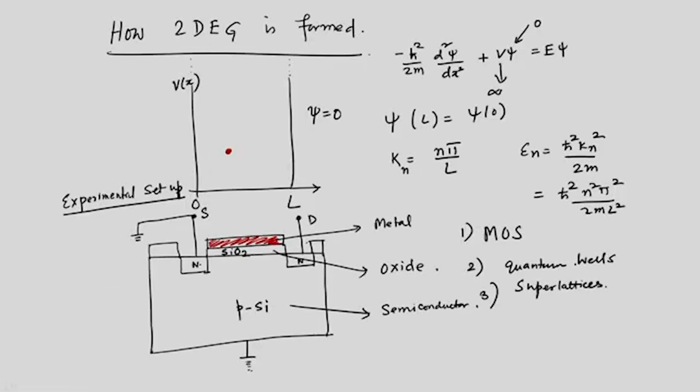What happens in this particular case is that you have a certain source voltage being applied, and there is also a gate voltage here.